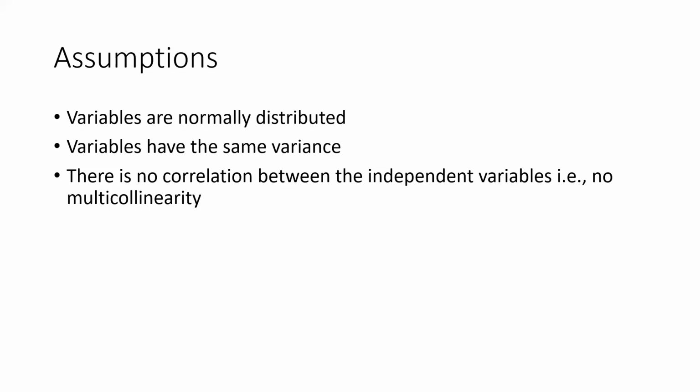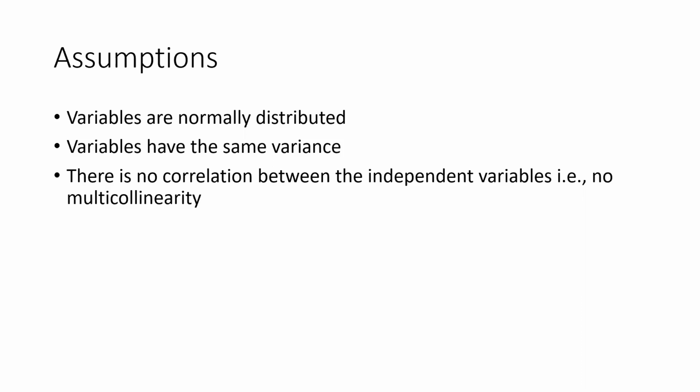All of the assumptions you see here are very similar to the assumptions in the linear regression model as well. There also we say that the variables should be normally distributed, there should be no multi-collinearity and so on. The reason for that is the technique itself is a linear technique, which is why the name goes linear discriminant analysis.